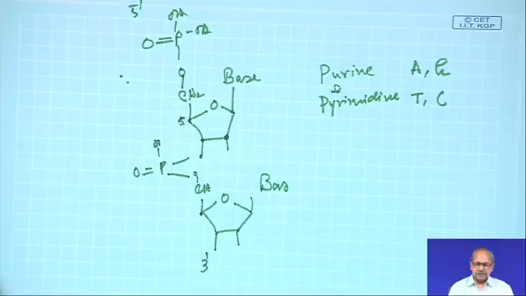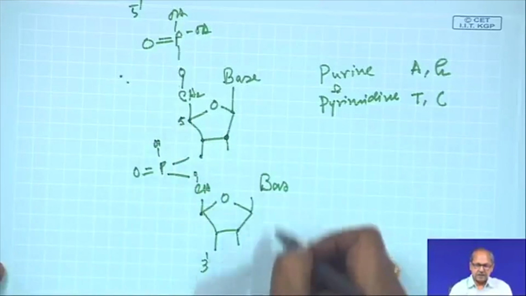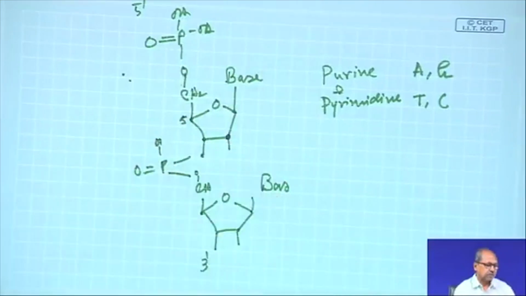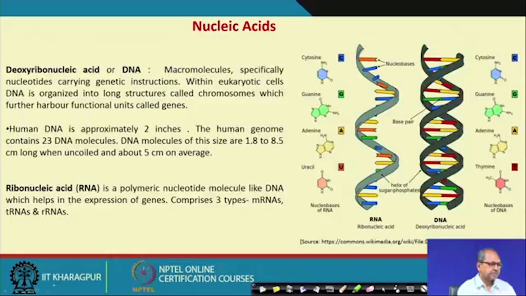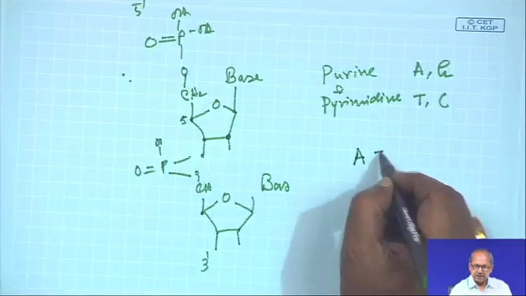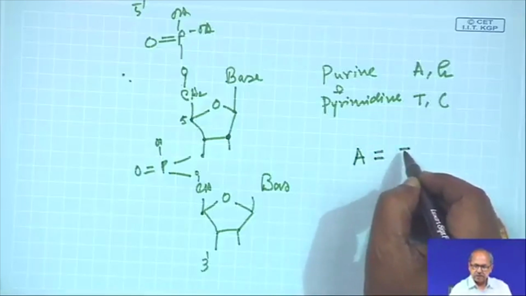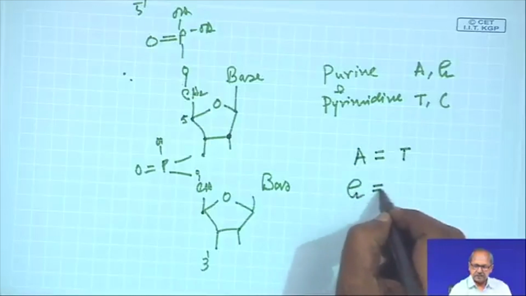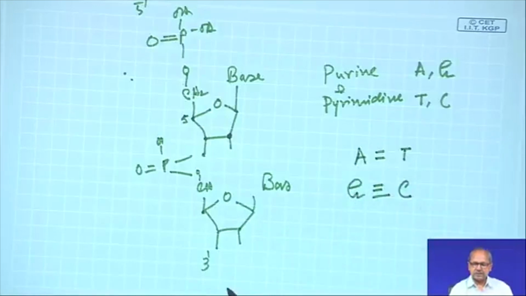In DNA, these strands are antiparallel, and the phosphodiester bond forms the backbone of DNA, and the A, T, G, C bases are linked so that A is complementary to T by 2 hydrogen bonds, and G is complementary to C by 3 hydrogen bonds.